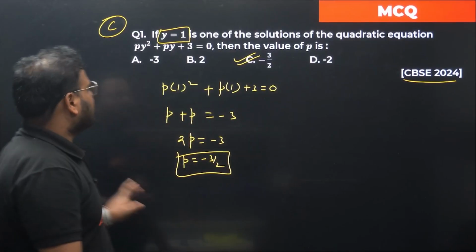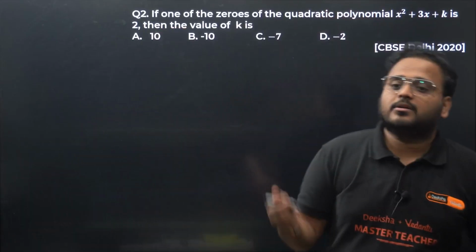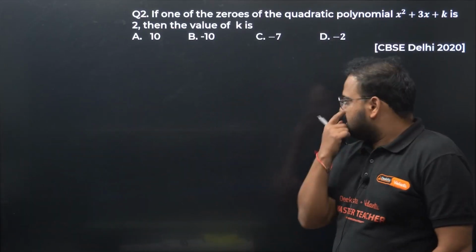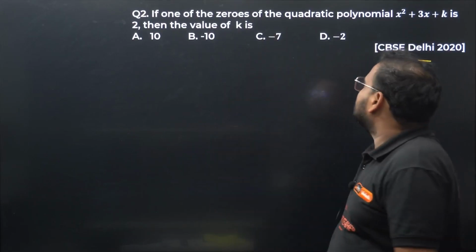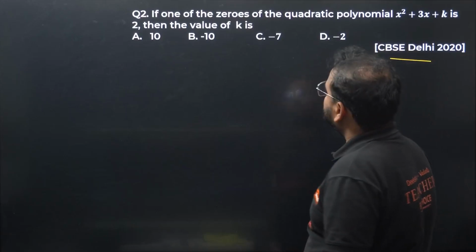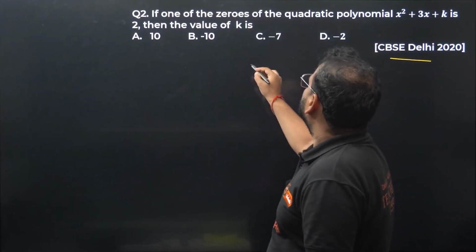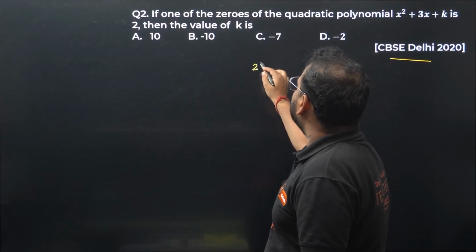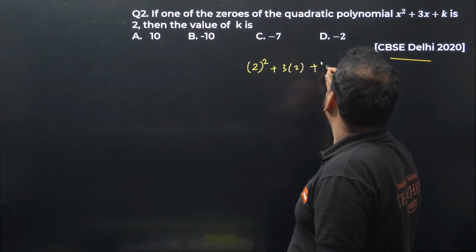Okay, great. So question number 2, not exactly your All India paper. It's a CBSE 2020 paper. Have a look. If one of the zeros of the quadratic polynomial is 2, then the value of k is what? Same thing. If it is a zero, it means that if you substitute the x value as 2, it will become equal to 0.